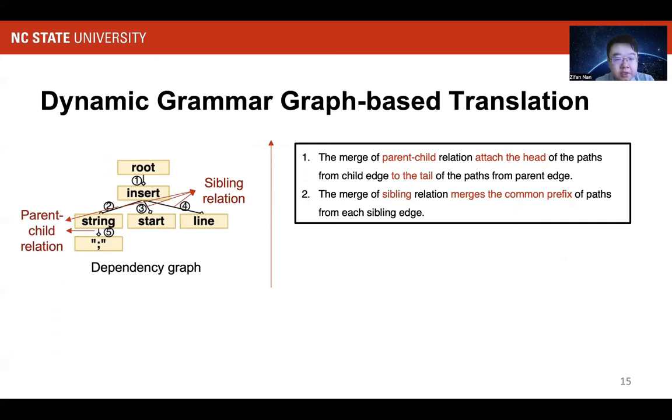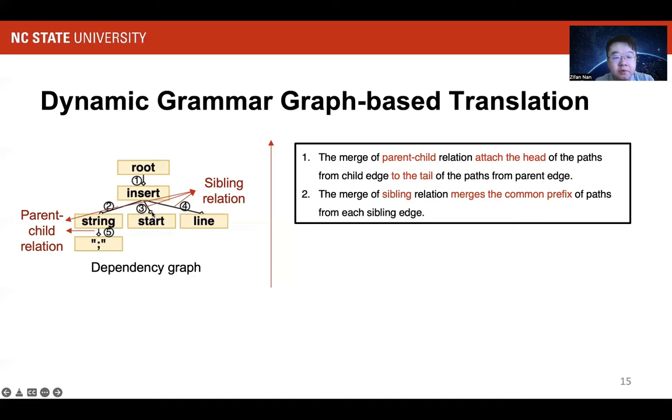When we look at the dependency graph and try to merge their paths, there are actually 2 kinds of path merging steps. The first is the parent-child relation. Like edges 2 and 5 here: when we merge the paths from these 2 edges, we just attach the head of the child path to the tail of the parent path. The other is the sibling relation, like edges 2, 3, and 4.